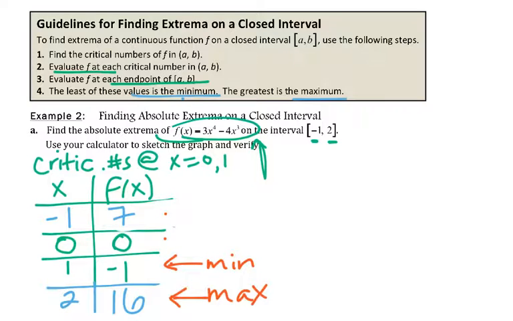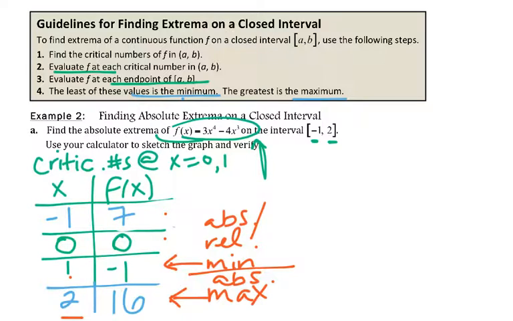Now, this maximum here at 2 can be an absolute max because it's an endpoint, but it can't be a relative max. The one at x equals 1, the minimum, is a relative minimum, but it is also an absolute minimum. It can be both. Absolutes can be inside the function, or they can be on an endpoint.